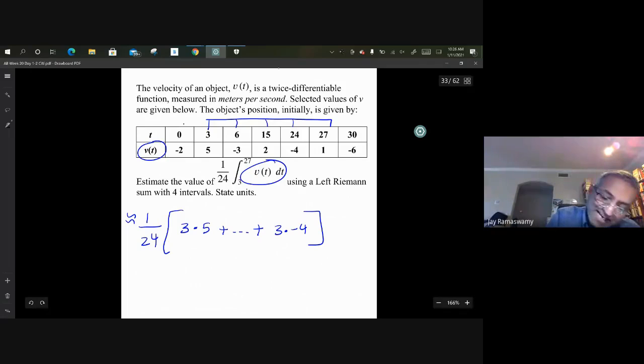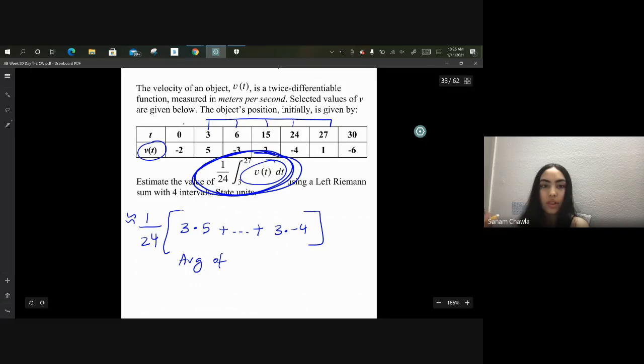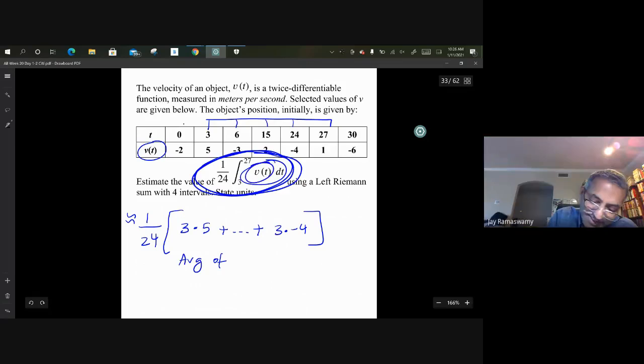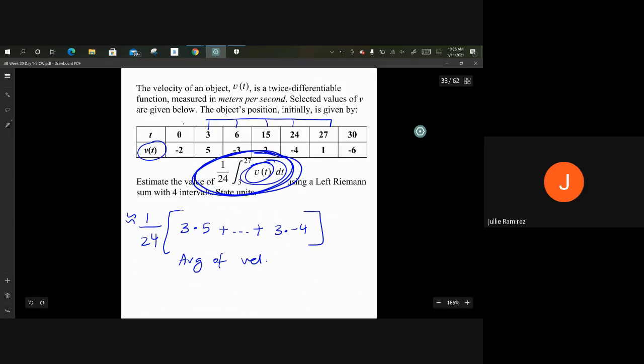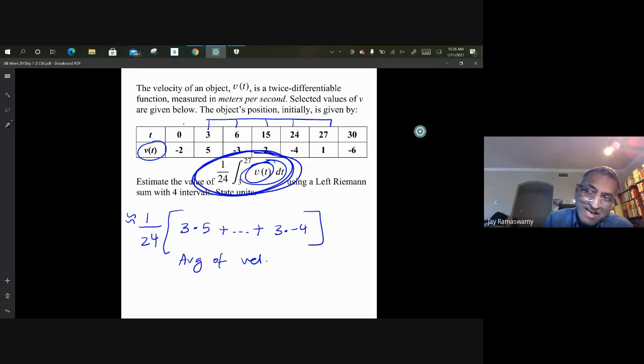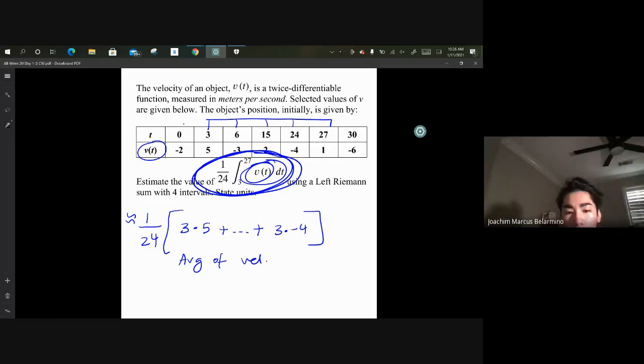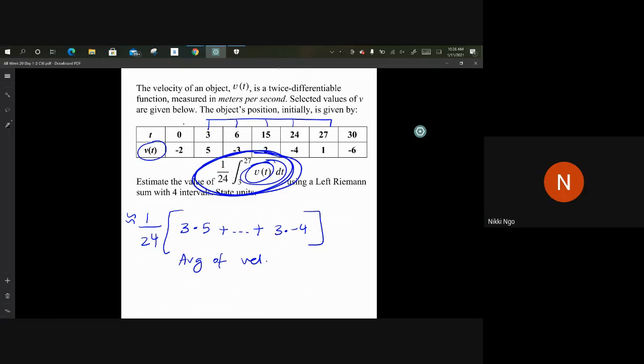Okay, by the way, let's interpret this. Look at that expression. Does that remind you of one of those three? Average of velocity. Don't overthink it. It's the average of velocity. Therefore, the units don't change. So what is the unit for velocity? Meters per second.